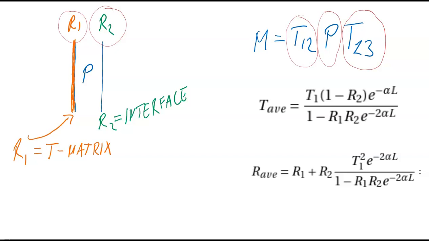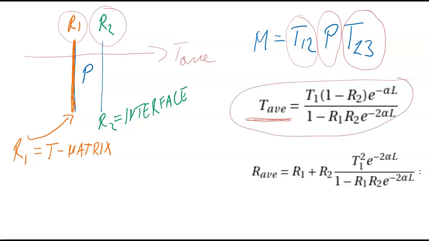And in this case, the average transmittance through the composite of a thin film and a substrate is given by this expression, and the average reflectance is given by this expression.